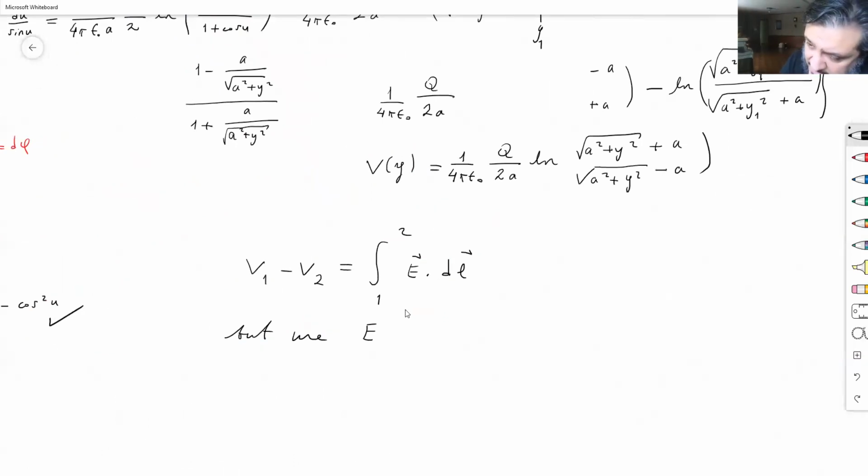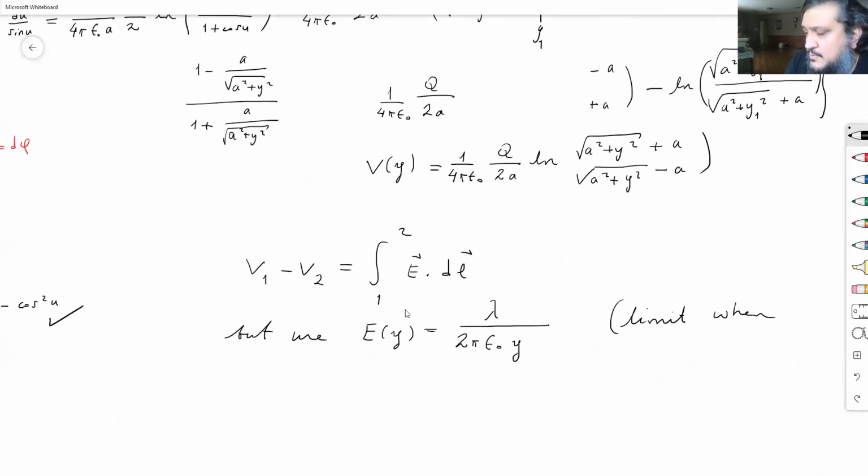Remember, in that limit, E of y would be equal to the charge density, lambda, divided by 2 pi epsilon 0 y. This is the limit when y is much less than a, the infinite line of charge limit.